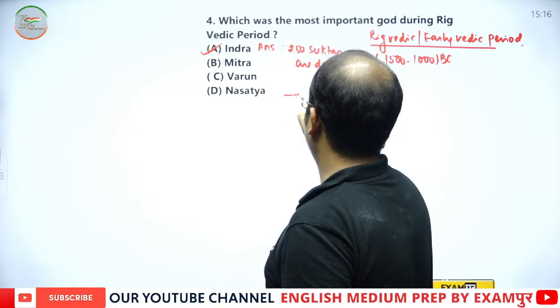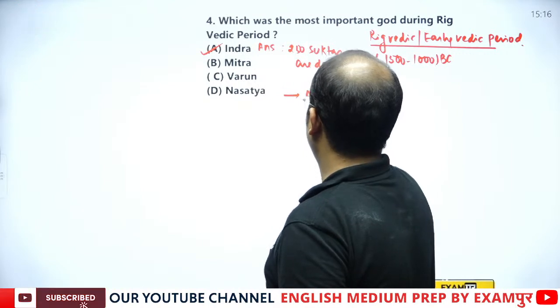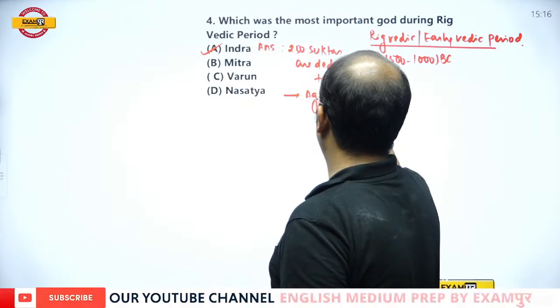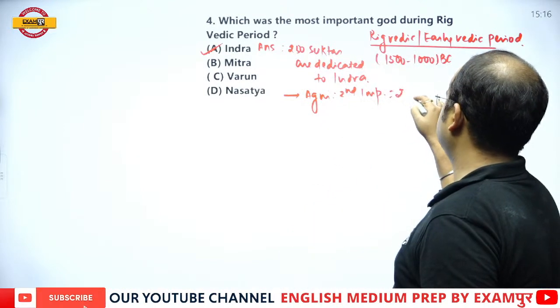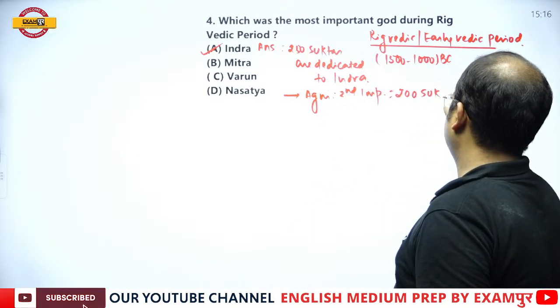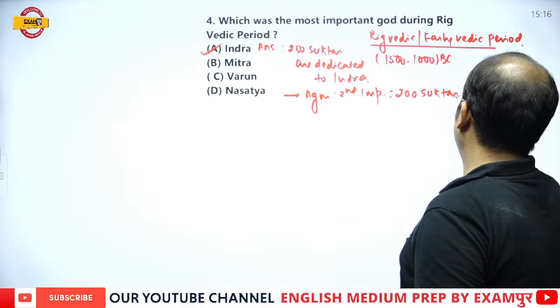Then we have Agni, second important, because 200 suktas are dedicated to him.